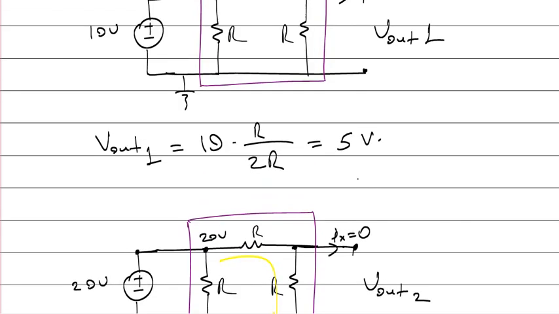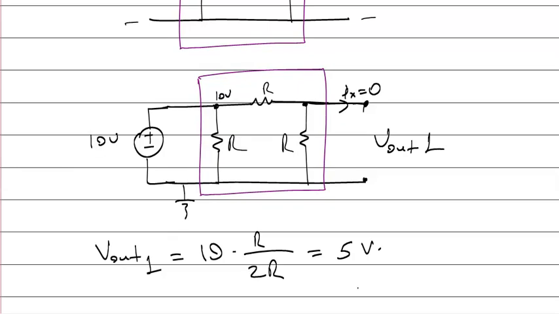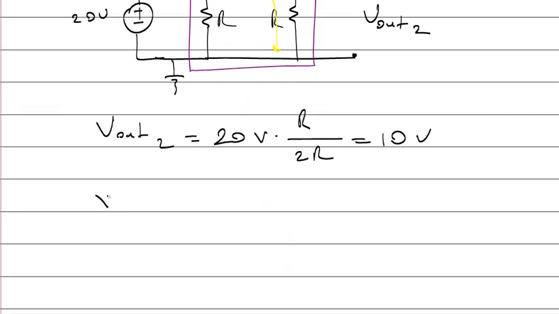So I know that this system is linear because it only contains linear components. When I apply 10 volts, the output is 5 volts. So when I apply 20 volts, what should be the output? I can make this estimation using the homogeneity property. Homogeneity says if you apply some input, my input is 10, I get some output, 5 volts.